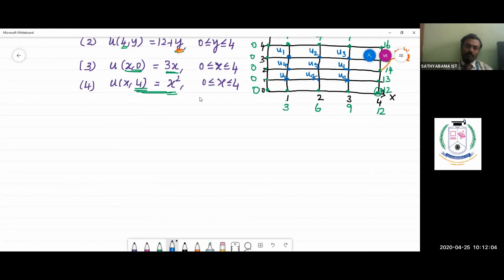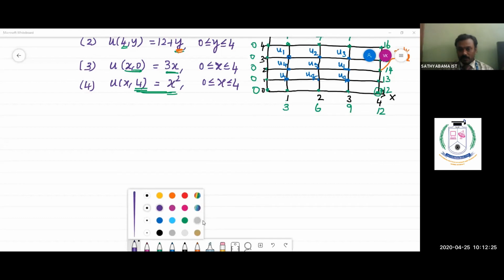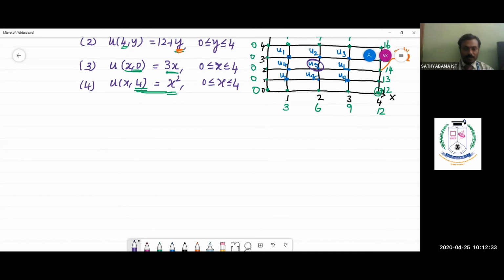So what we do is, instead of framing an equation, in case of 9 points, the Liebman's iteration says, first we'll be computing the points to which we can apply the standard 5-point formula. So first you apply standard 5-point formula to U5.